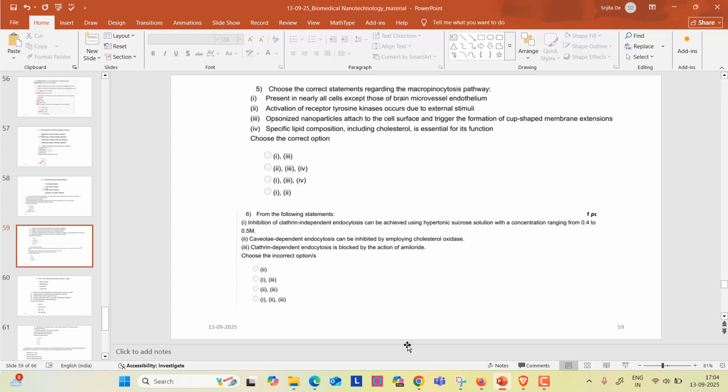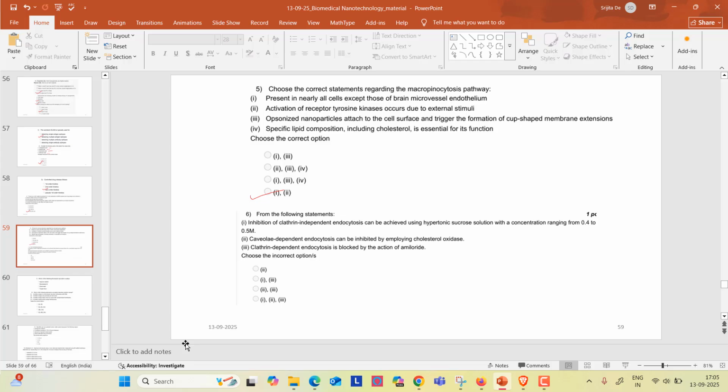And 4: specific lipid composition including cholesterol is essential for its function. So, for macropinocytosis, it is present in all the cells except the brain vessel, and number 2, activation of receptor tyrosine kinase occurs. So, it is 1 and 2 only.